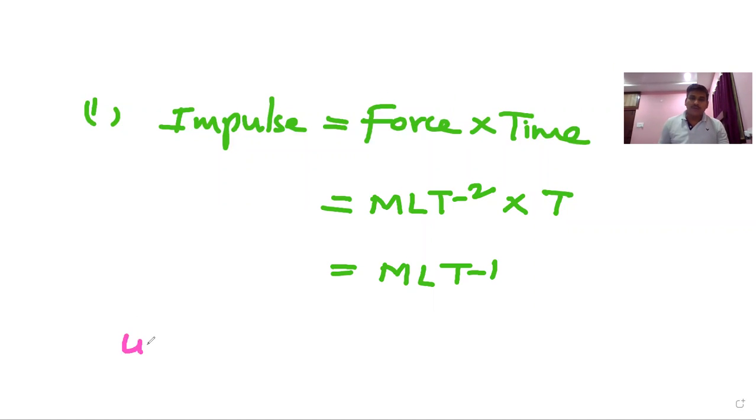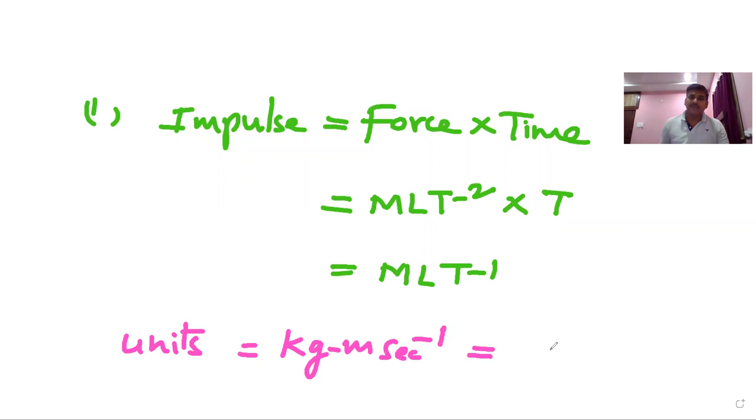If I want to know the units of impulse, M is the mass, so kg. L is length, meters, the hyphen I am putting is meters. Time is second inverse.